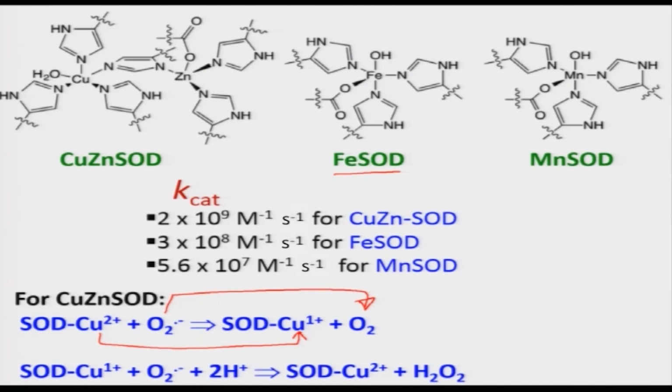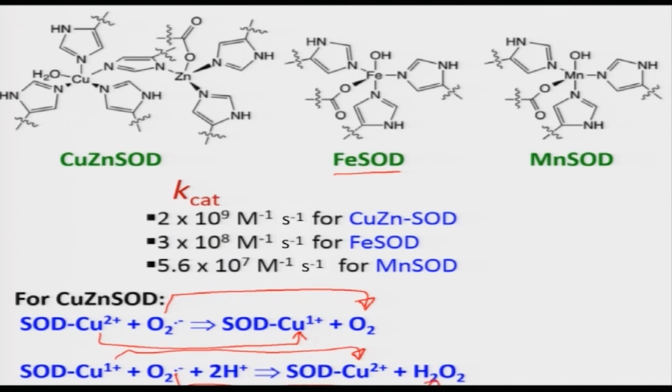In the next reaction, this copper 1 again reacts with another molecule of superoxide, and is oxidized. So, copper 1 is getting oxidized to copper 2+, while O2^- is reduced to O2^2-.